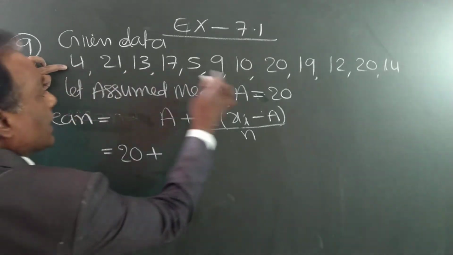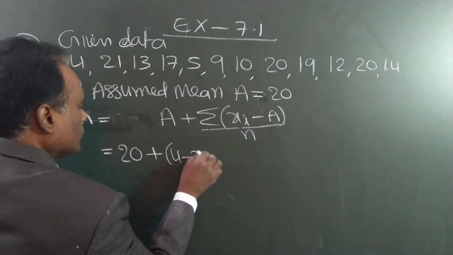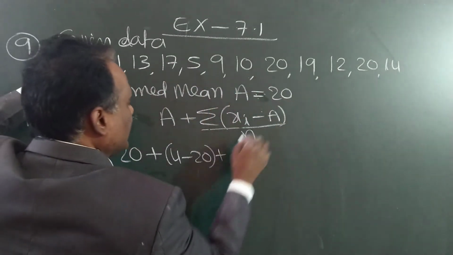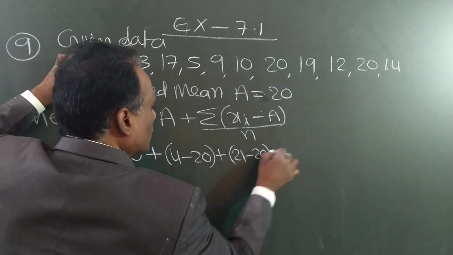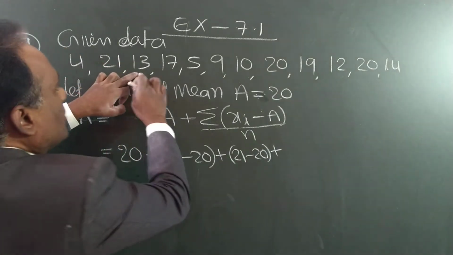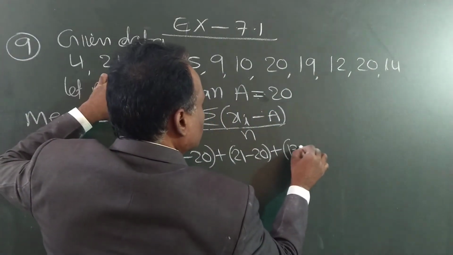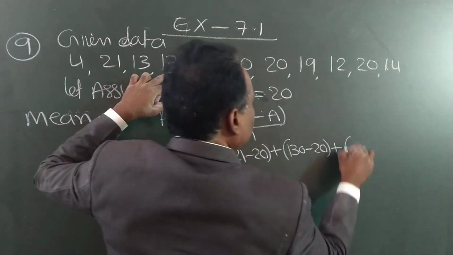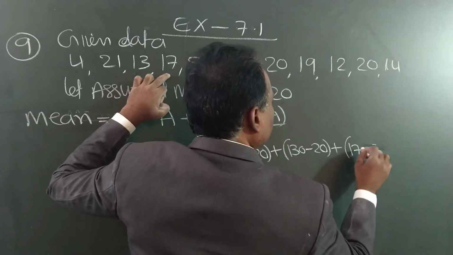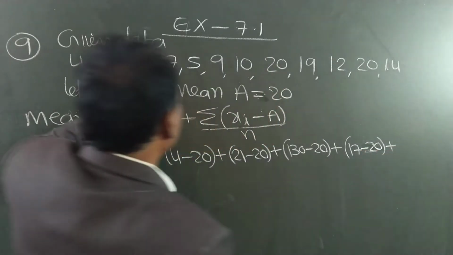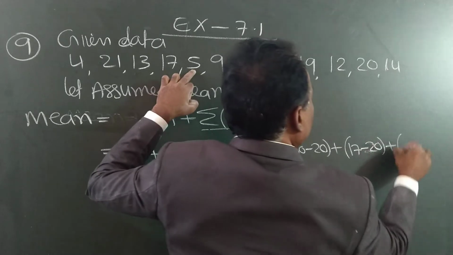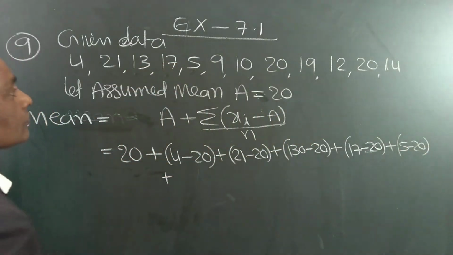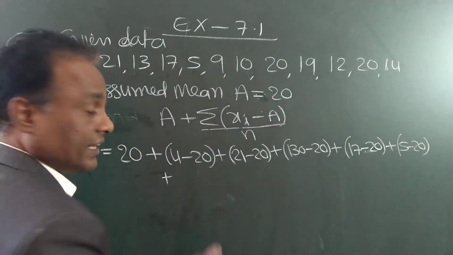See here: 4 minus 20 plus 21 minus 20 plus 13 minus 20 plus 17 minus 20 plus 5 minus 20 plus 9 minus 20.